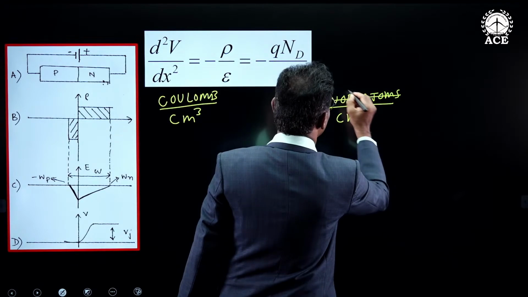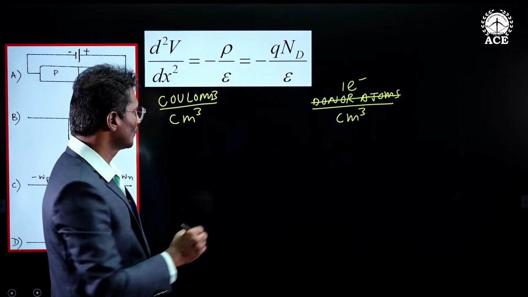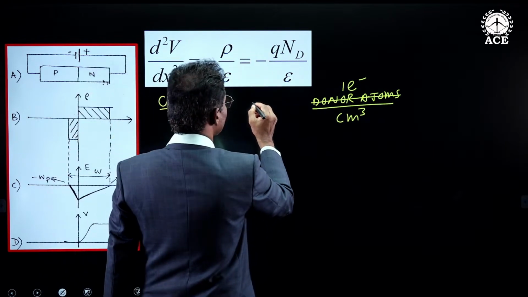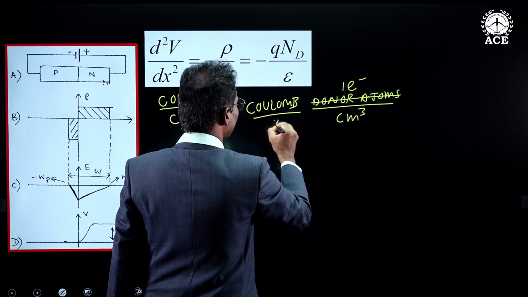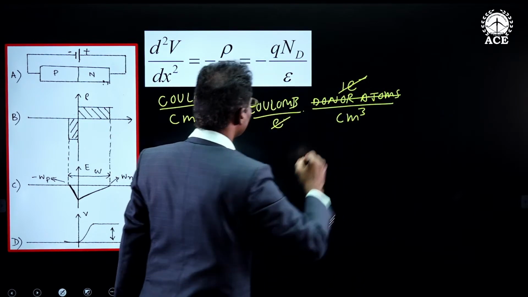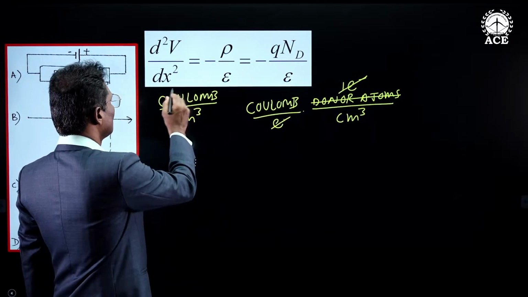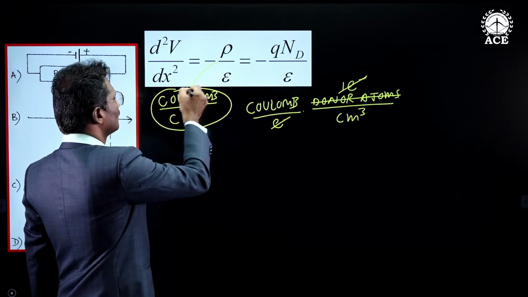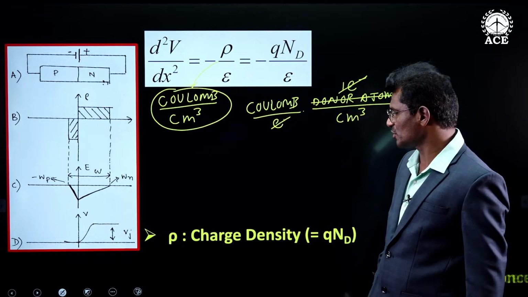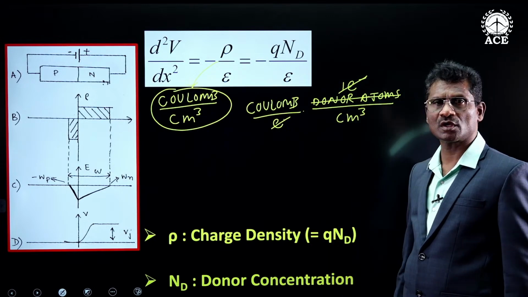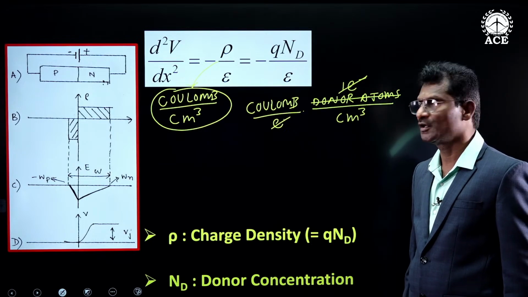So number of donor atoms will be equal to number of excess electrons. Unit of Q is Coulomb per electron. If you take the product, cancel out electron, we are left with coulombs per centimeter cube. That is the unit of charge density. So now rho is charge density and Nd is donor concentration, number of donor atoms added per centimeter cube.